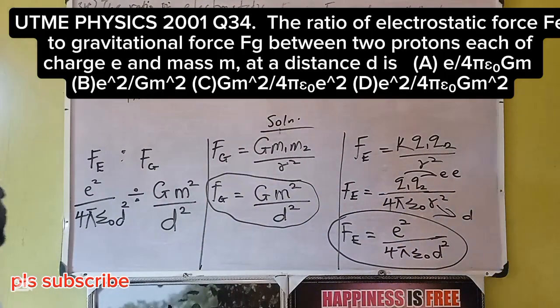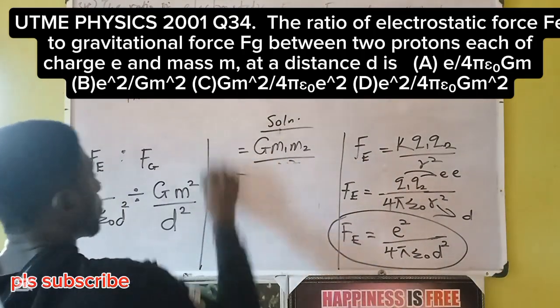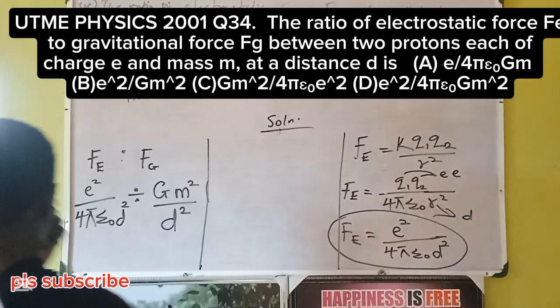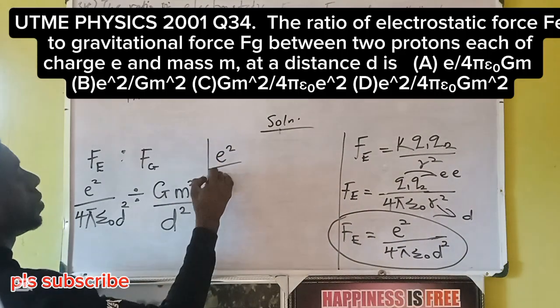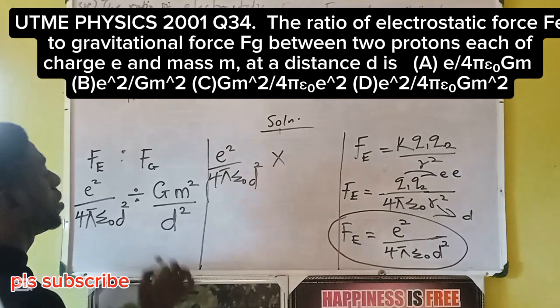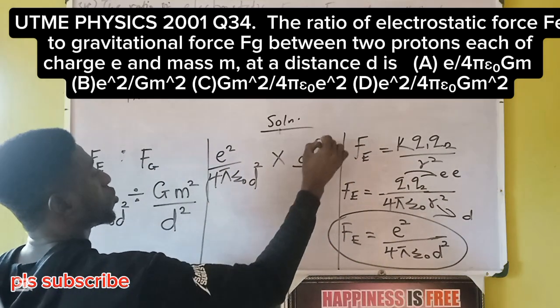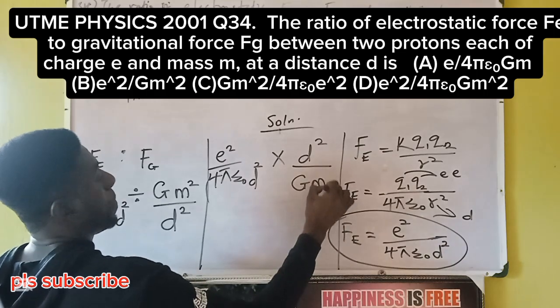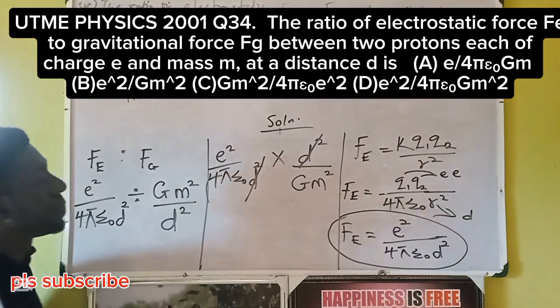Then let's do the arithmetic. Going on with the arithmetic: e squared over 4 pi epsilon naught d squared, times d squared comes up, G m squared goes down. d squared over G m squared. Okay, d squared will cancel d squared.